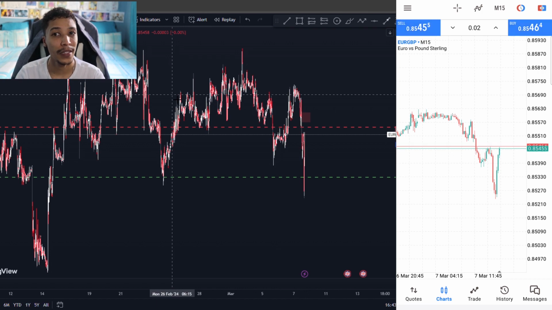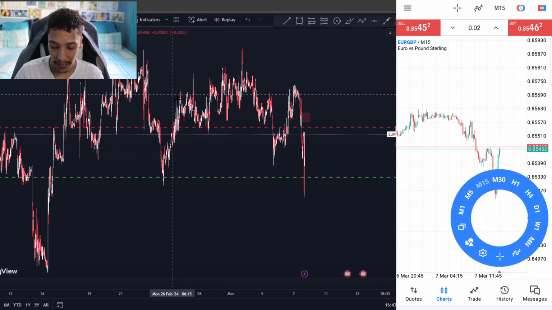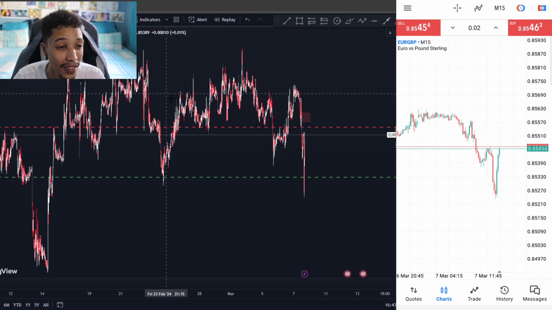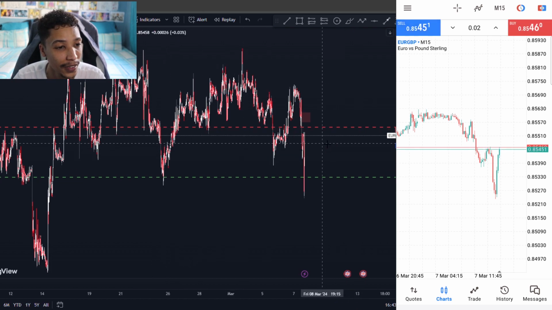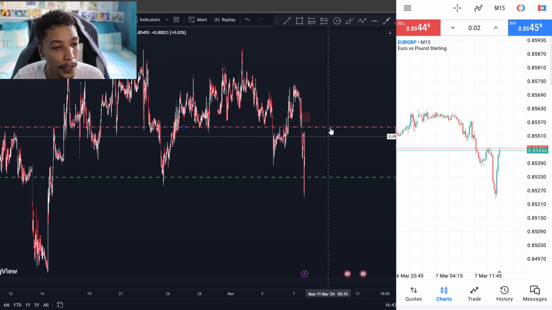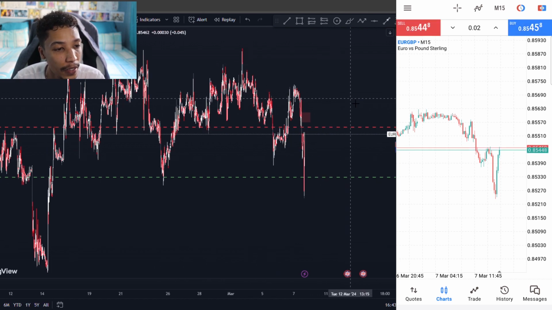As you can see, there has been some analysis done on the chart already. A little pre-analysis, because recording live is actually quite long, so I decided to do a quick pre-analysis to catch the trades.